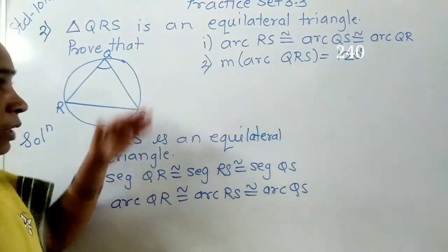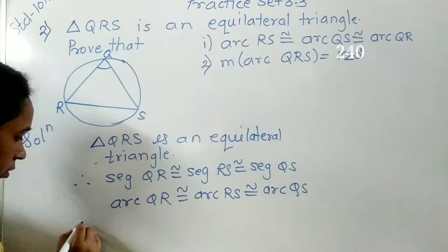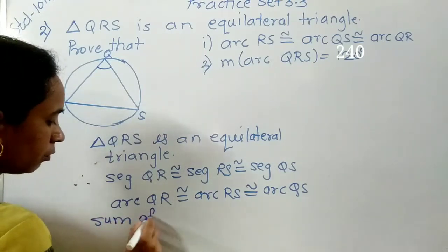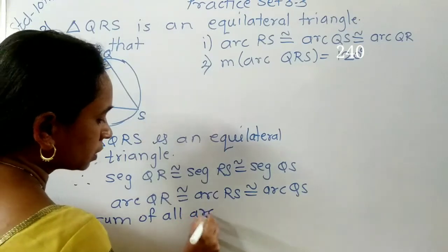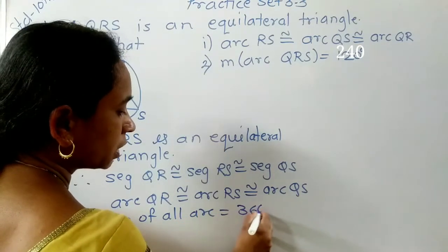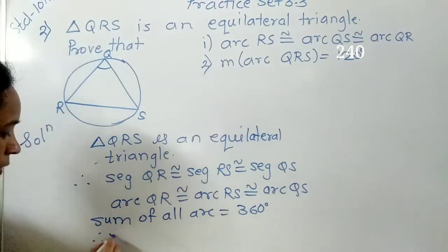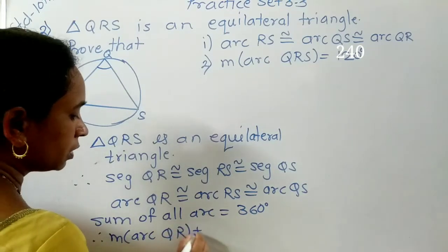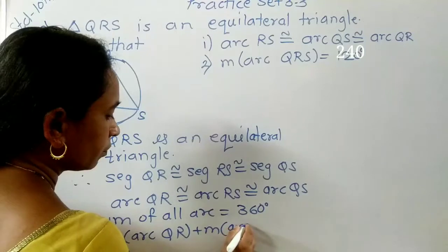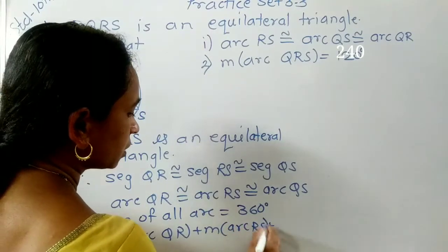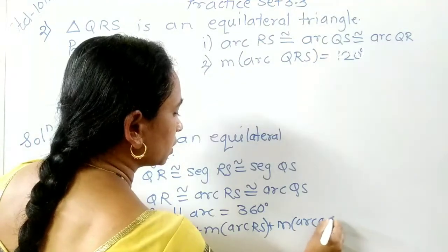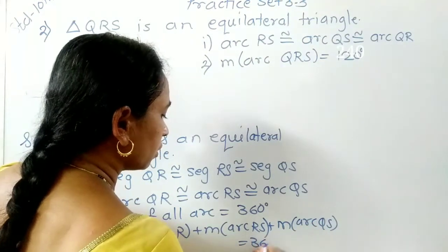Now to prove the second one, we'll use that the sum of all arcs is equal to 360 degree. Therefore, measure of arc QR plus measure of arc RS plus measure of arc QS is equal to 360.